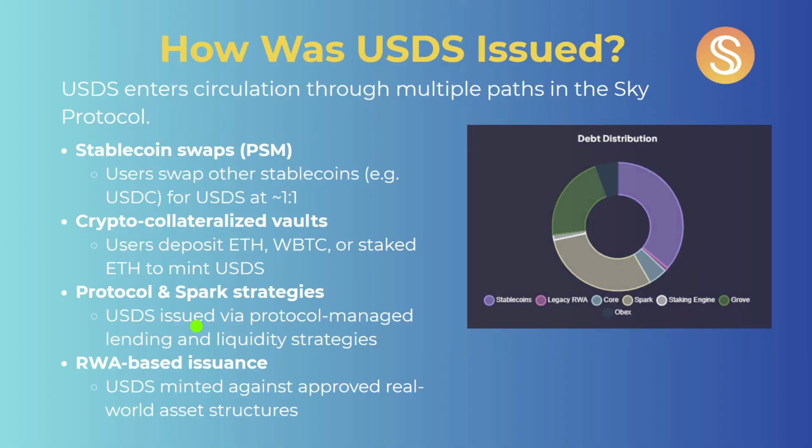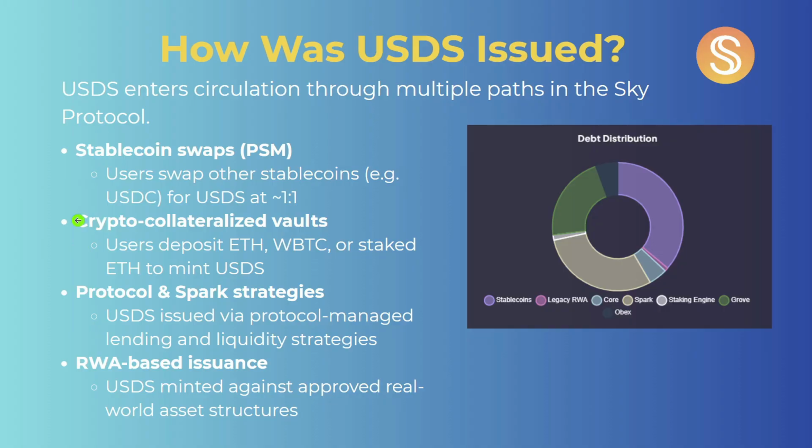How is USDS issued? USDS enters circulation through multiple paths in the Sky protocol. By means of stablecoin swaps, as we will see, users can swap other stablecoins for USDS, so you swap USDC for USDS at a 1-to-1 ratio.